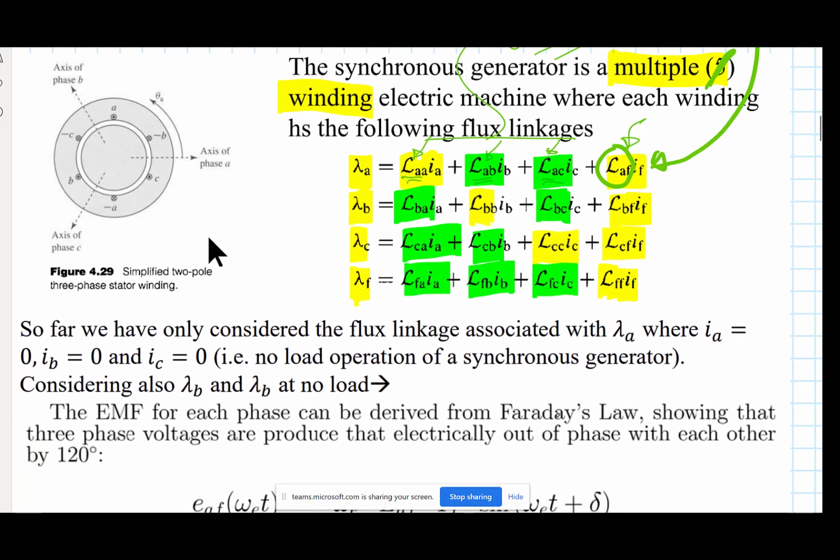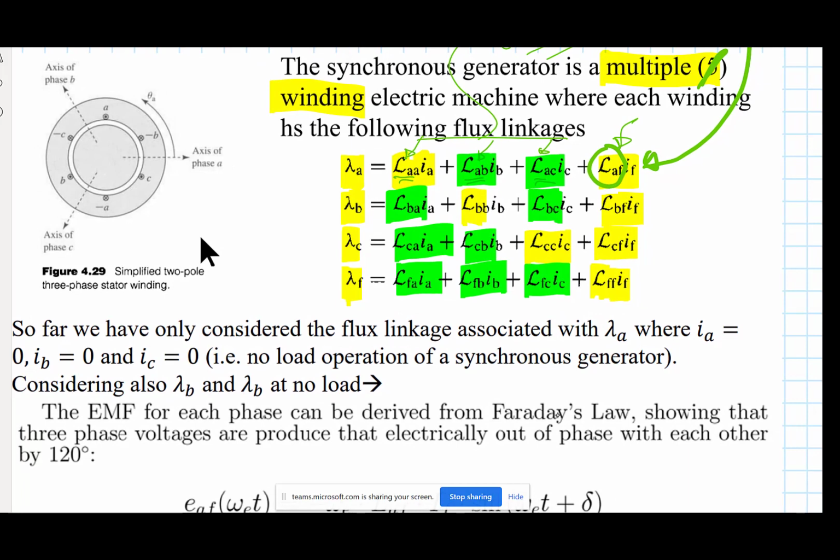Under no load, what do you think the flux linkage lambda A would be if you weren't loading this machine? What would it be? Anybody? Does anybody know?